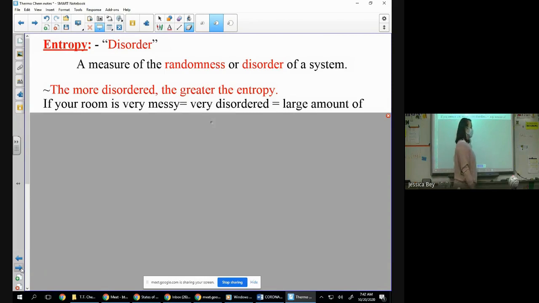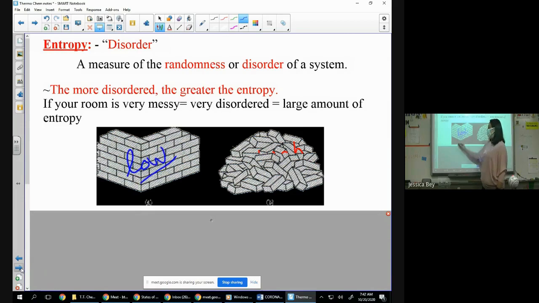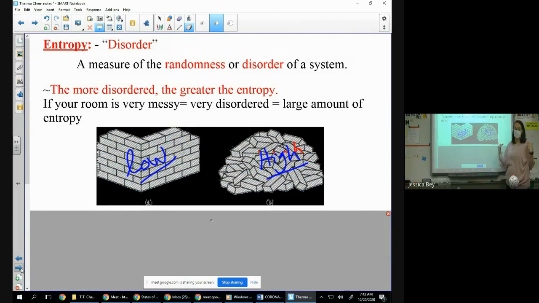The more disordered, the greater the entropy. So if you kind of think about it like my little blocks here, okay, if you had a pile of blocks that were nicely set up, it would be a very low amount of disorder. And then if you have a pile of bricks and they're all over the place, this would have a very high amount of disorder. If your room is very messy, you're in a high state of entropy.